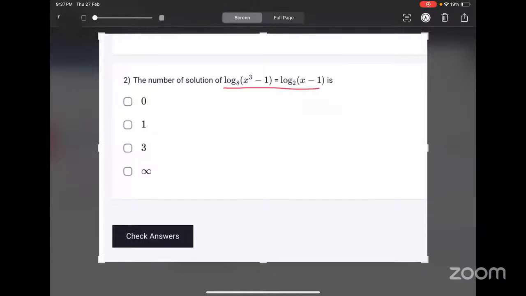Use the formula I just told: log a to the power m of b equals 1/m log ab. So this will be 1/3 log 2 (x cube minus 1) equals log 2 (x minus 1), right?